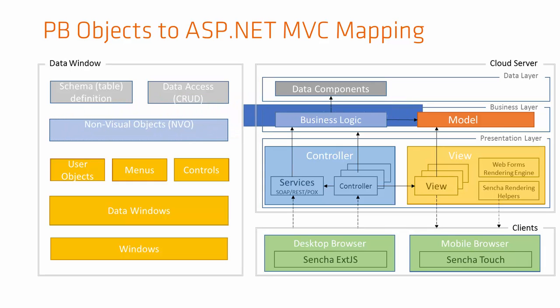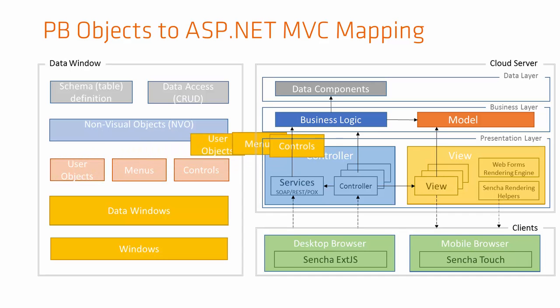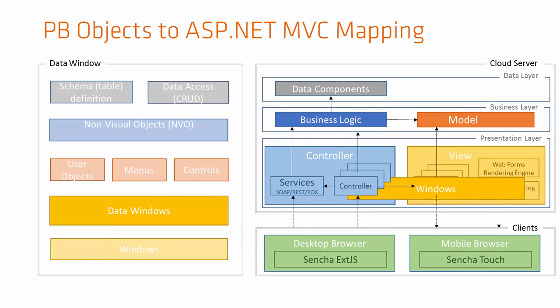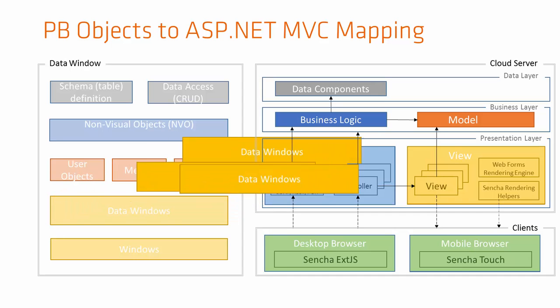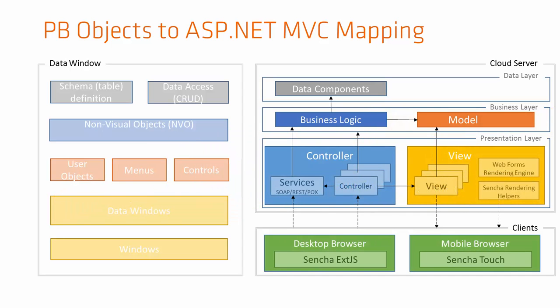The NVOs become the business logic in the same layer. All the UI components go to the view. The window also becomes part of the view. And the data window is split between the MVC components, the model, controller, and view. We will see that when we look at the migrated application.